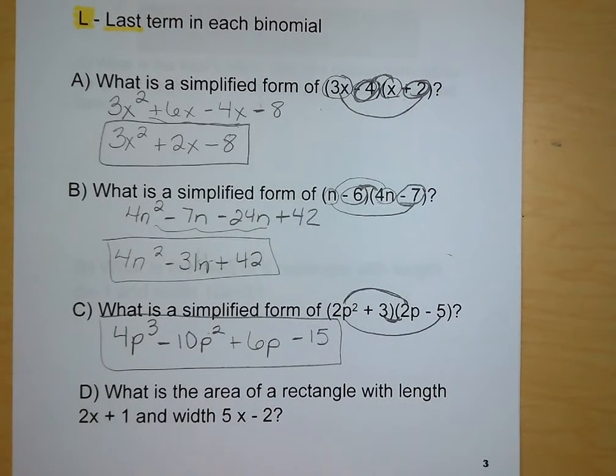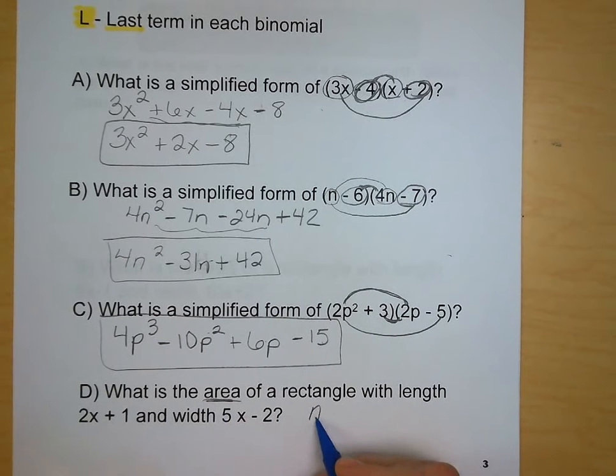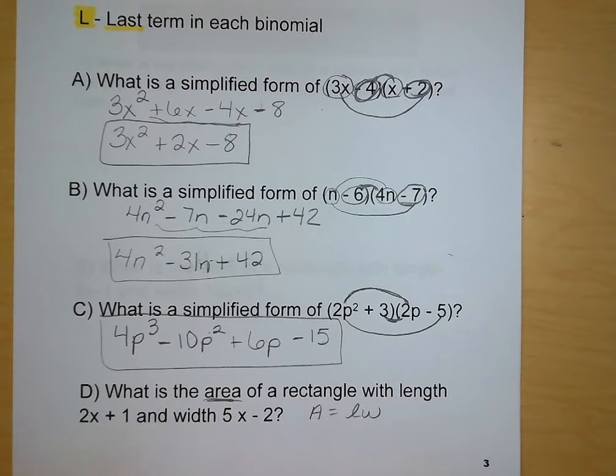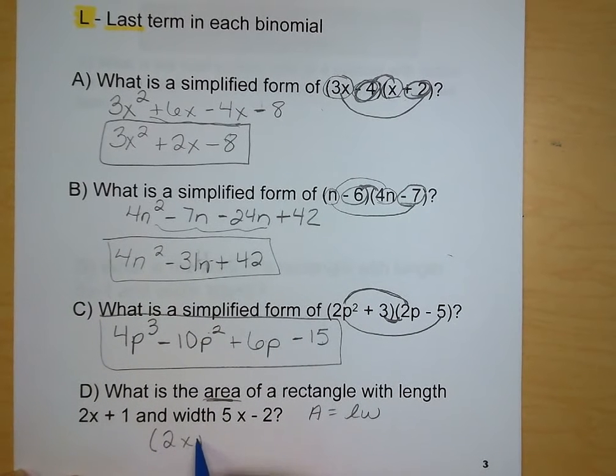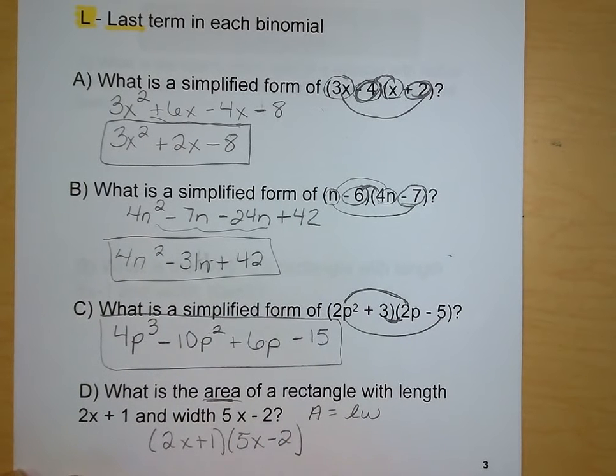All right, letter D, what is the area of a rectangle with the length of 2x plus 1 and the width is 5x minus 2? And we all remember the area of a rectangle is length times width. So we have 2x plus 1 times 5x minus 2. We need to distribute.